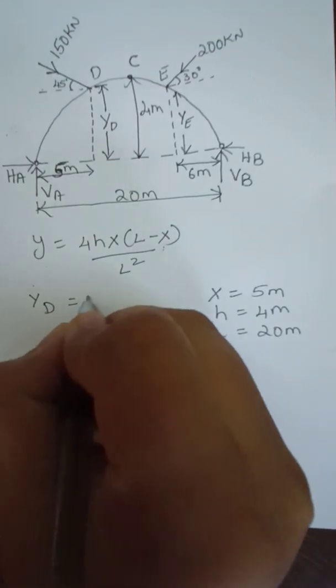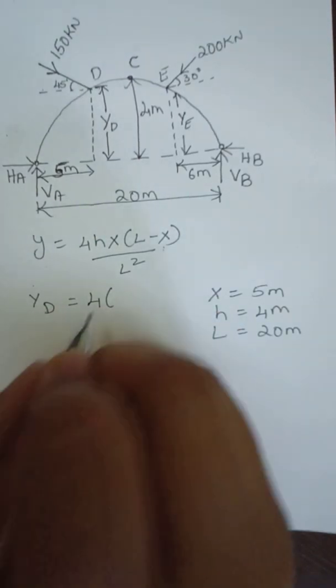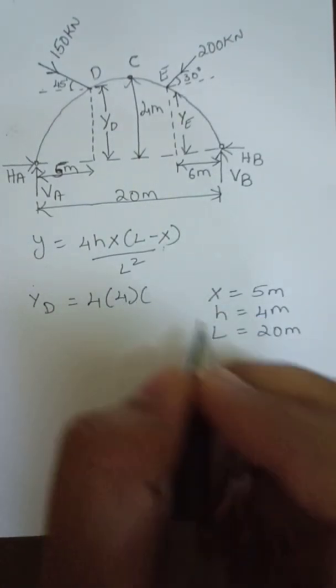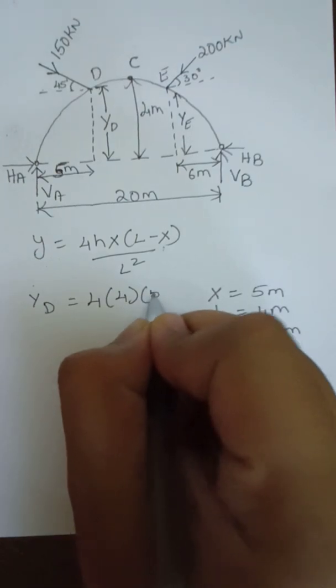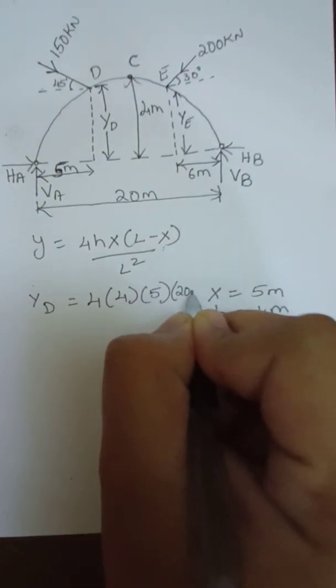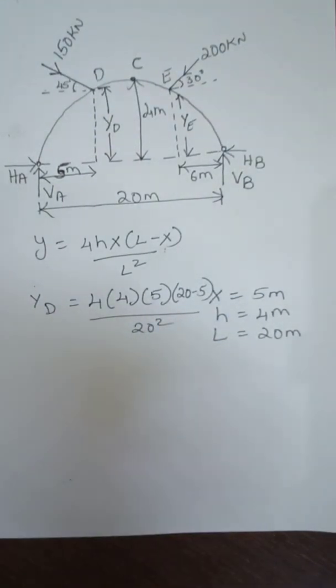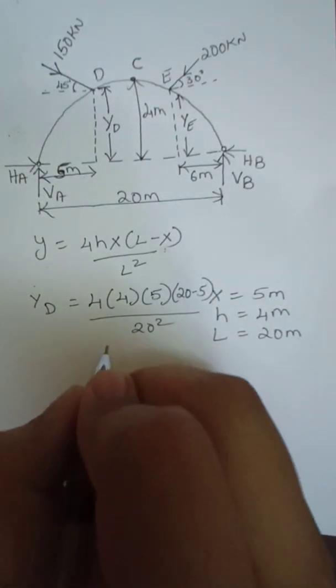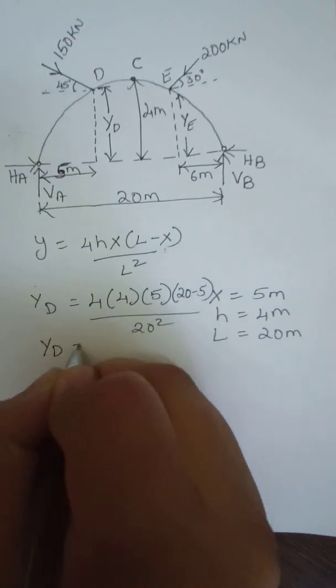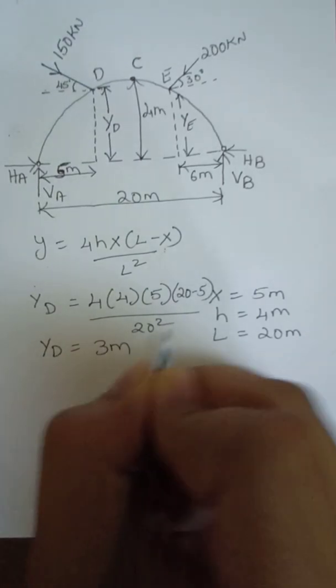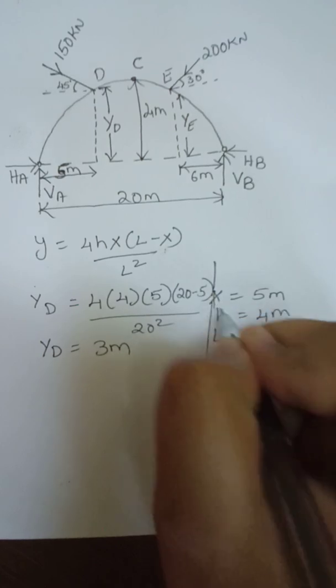If I substitute that, it is 4 into 4 into 5 into (20 minus 5) divided by 20 square. If I simplify, YD is equal to 3 meters.